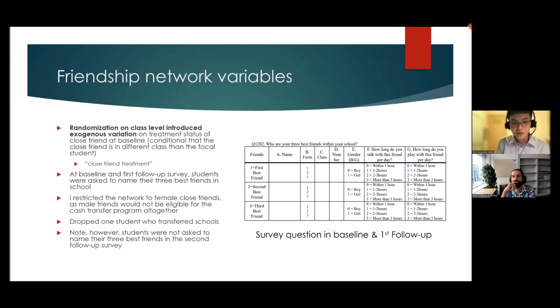But to the extent that one's mostly affected by your own best friends, I think the second degree effects will be less significant. That's my gut feeling, but of course I will need to check for that.